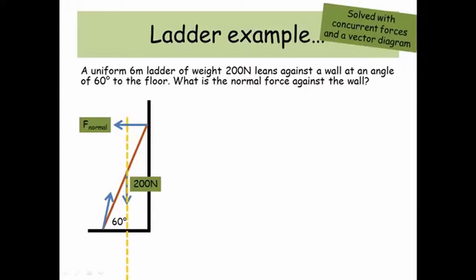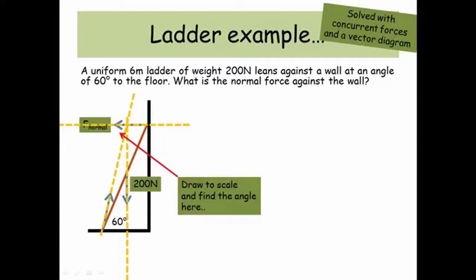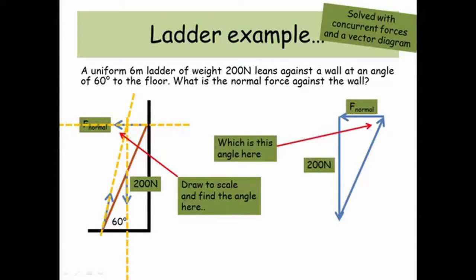Now the ladder is not moving, so that means that our forces must be concurrent. So if we look at the lines of action, we can see that they all meet up, like this. Now if we do this to scale, we can draw a diagram and find this angle here, which, if we look at a vector diagram, is this angle here. If we draw this to scale and measure it, we find that it's about 74 degrees.